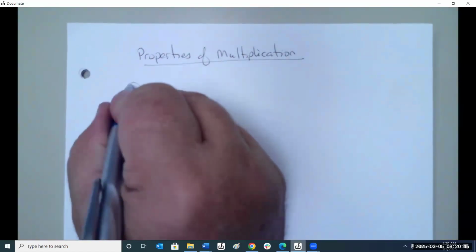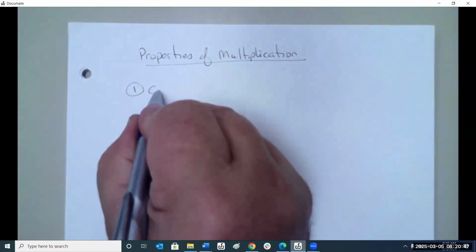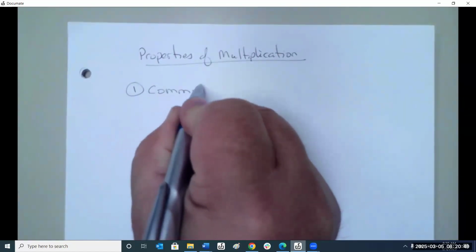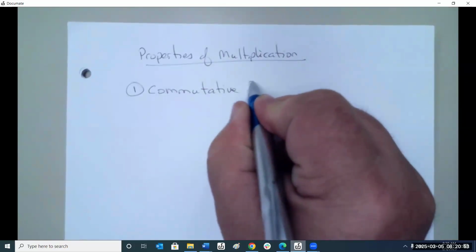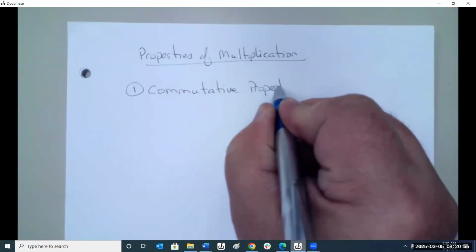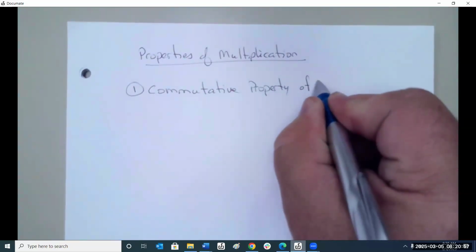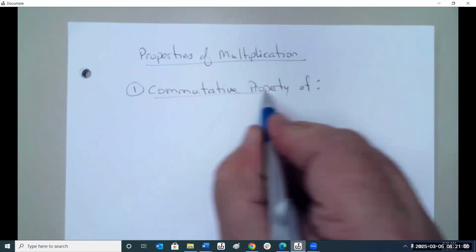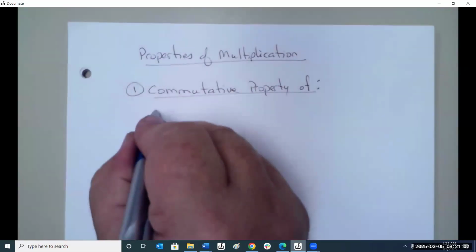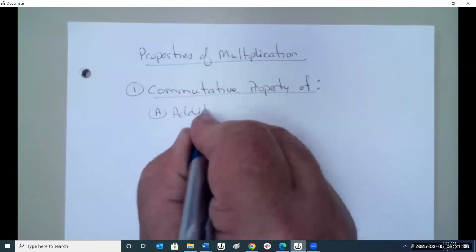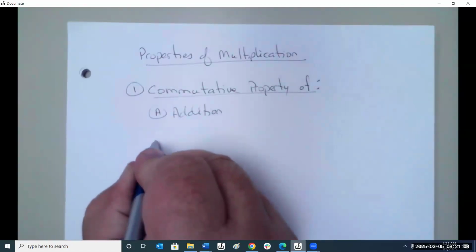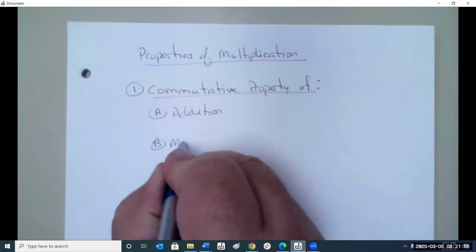What was the first property we talked about? Yes, the commutative property of, now we had a colon. When we first talked about it, we had addition, and then we had multiplication.